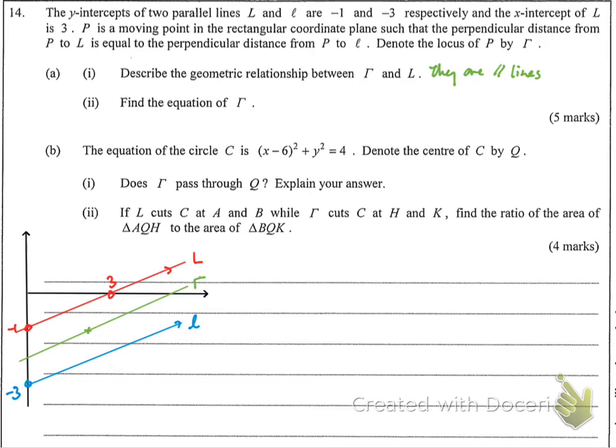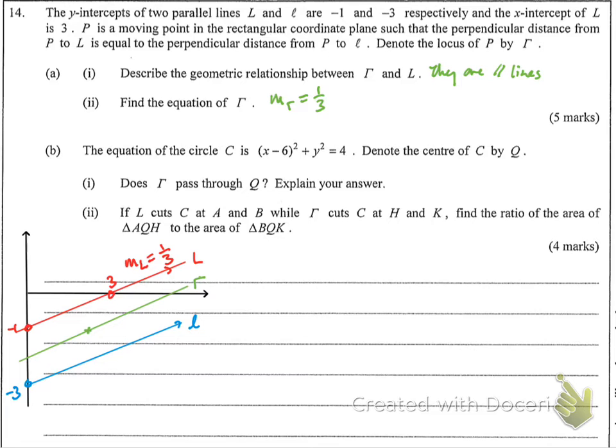We know that the slope of gamma is the same as L. So first we get the slope of L. With the intercepts 3 and -1, we get that the slope of L will be 1/3. It is a positive number, 1 vertical, 3 horizontal. So the slope is 1/3. That means the slope of gamma is also 1/3.